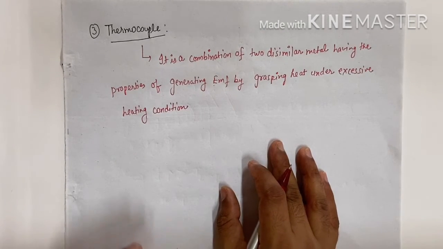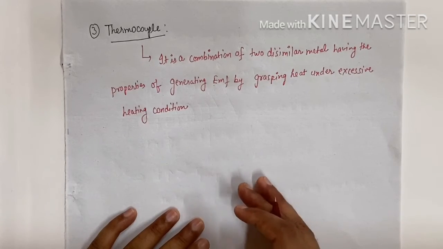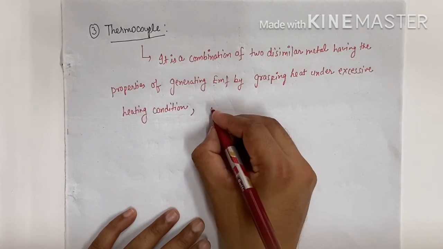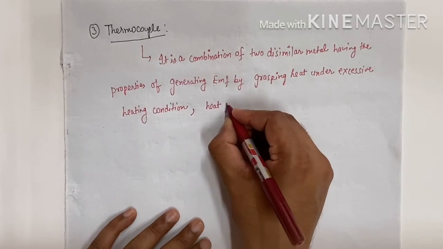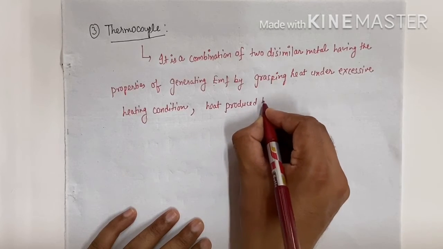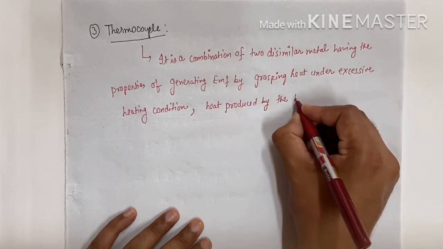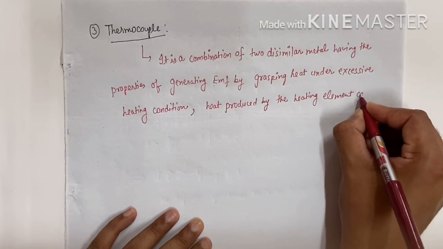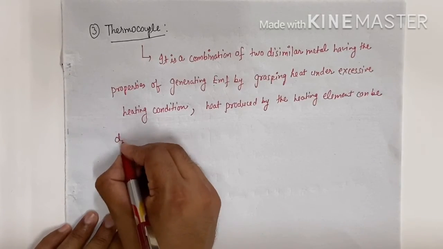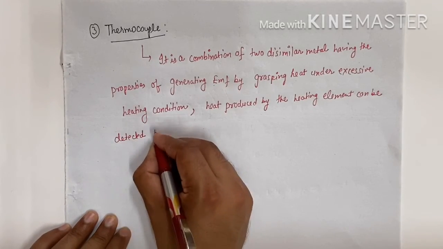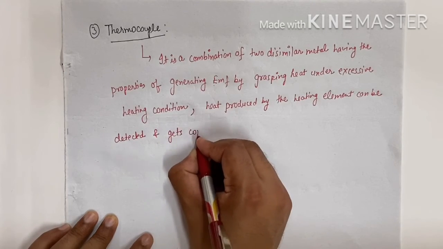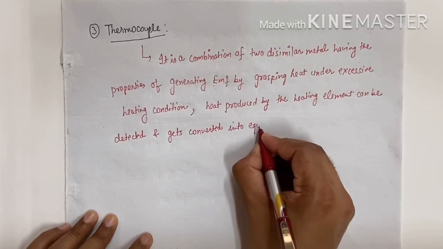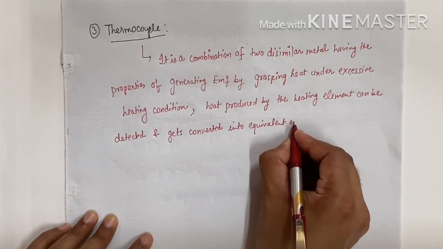Okay, the heat produced by the heating element can be detected and converted into equivalent EMF. So you have to write that the heat produced by the heating element can be detected and get converted into equivalent EMF.